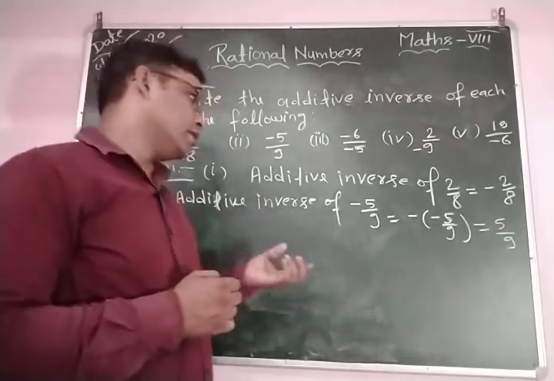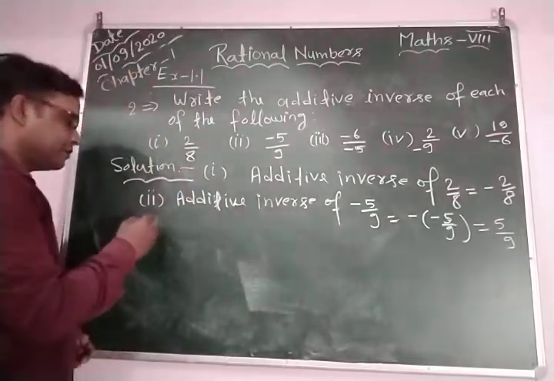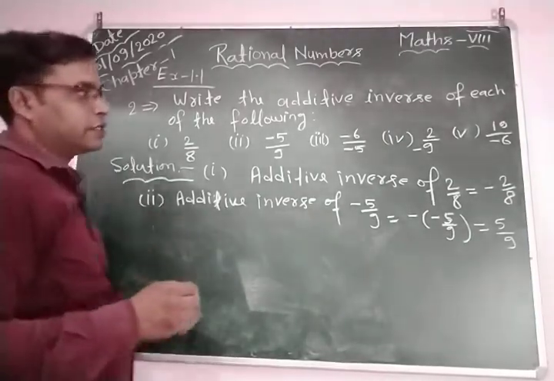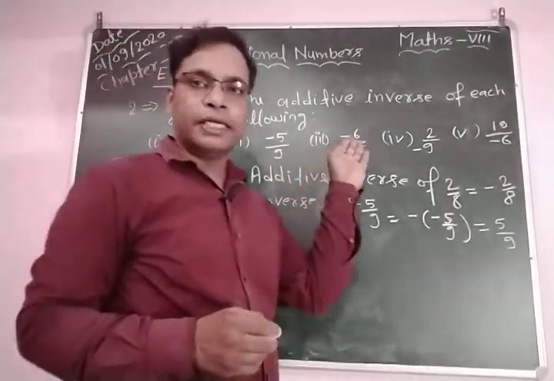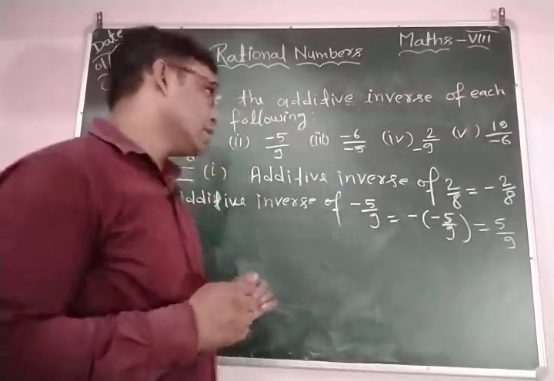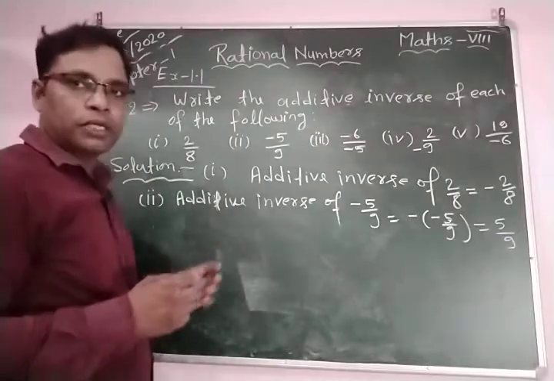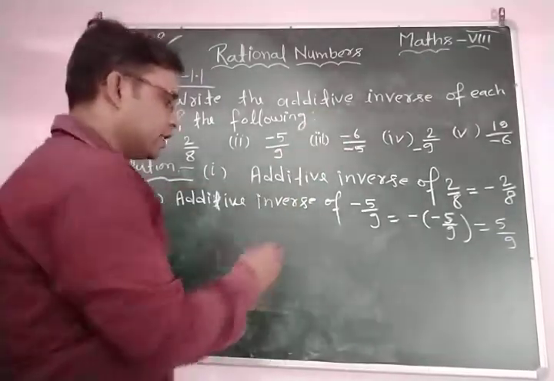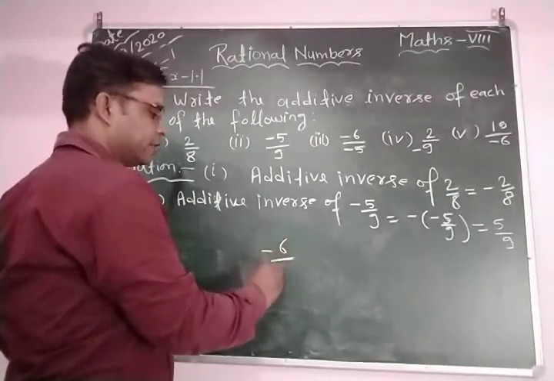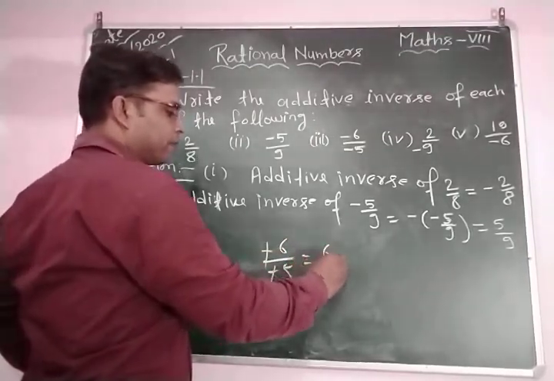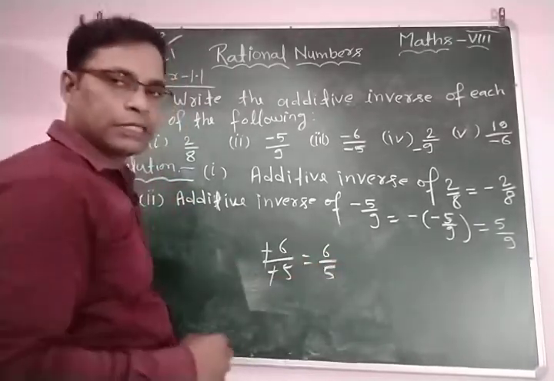Okay. And the third part, here you can see minus 6 by minus 5. This is equal to plus. Okay, so don't be confused. If you see both minus, minus 6 and minus 5, both are cancelled, and you have only 6 by 5.